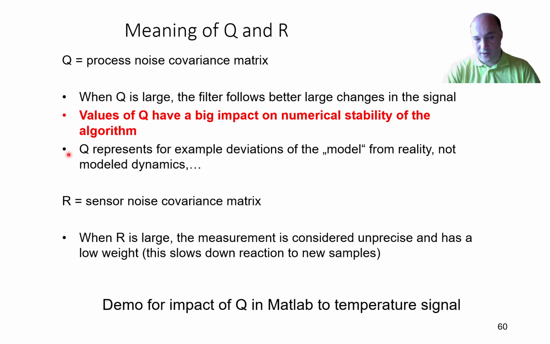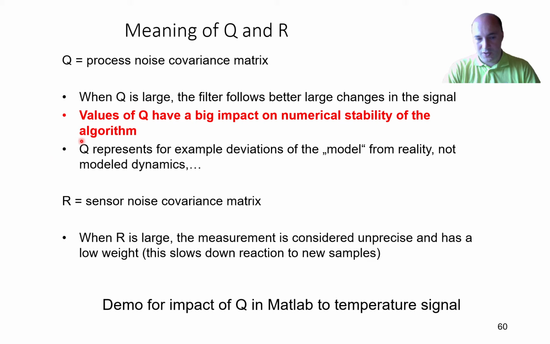So if we have a larger value of Q, we are saying, okay, I will not place that much trust in my model, but I still want it to be updated by the measurements. Because if we had a perfect model that models exactly the reality, then we could just rely on the model and we wouldn't need the measured data.